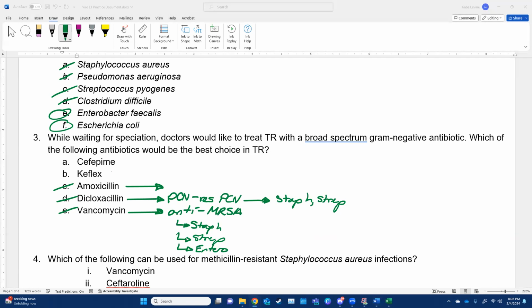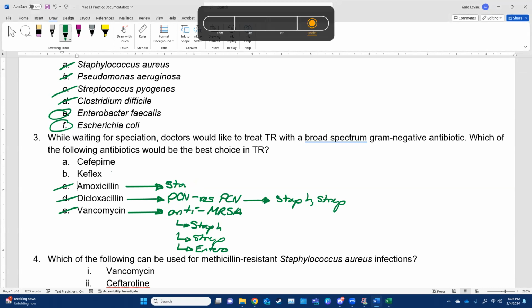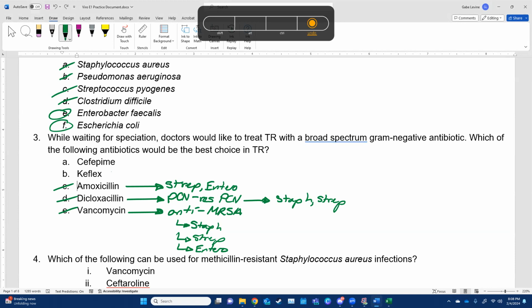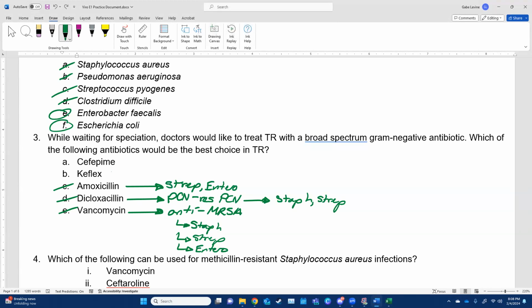What's the utility of amoxicillin? So amoxicillin has good staph and strep. Good strep. I mean, enterococcus, right? Which, as we know, is sort of like a streptococcus, and it has some gram-negative coverage.